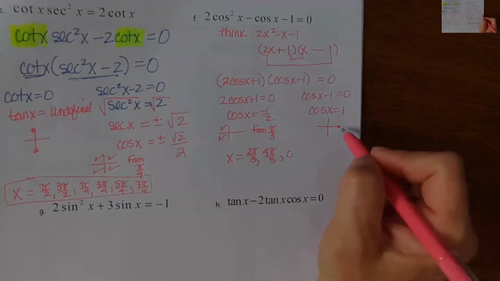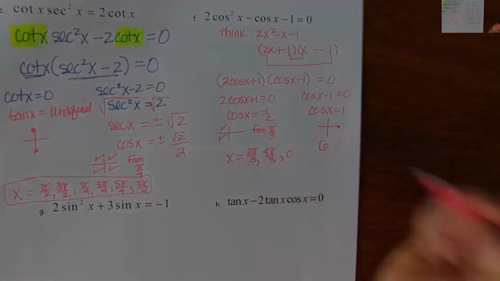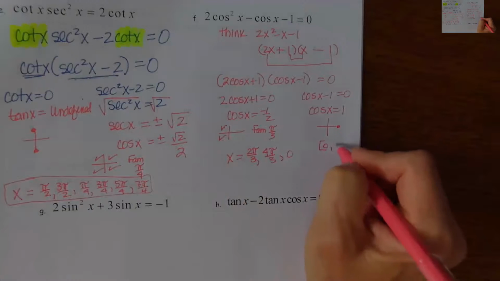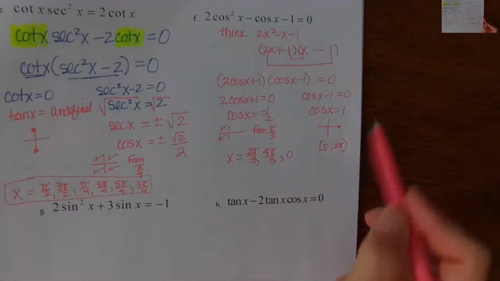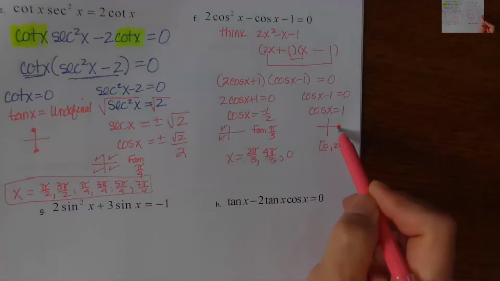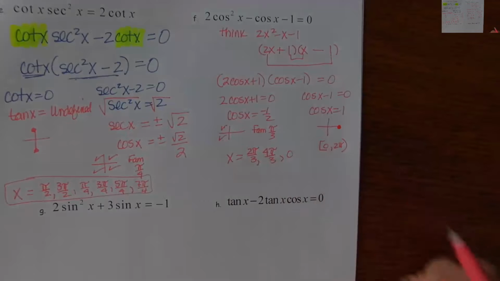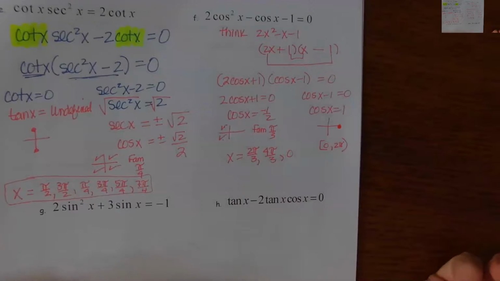Remember, we're going to go from 0, including 0, to 2 pi, and we're not going to include 2 pi. If you write 0 and if you write 2 pi, have you written the same answer twice? Yes, right? So if you land right here, that's 0. Don't call it 2 pi. It's the same location, right?